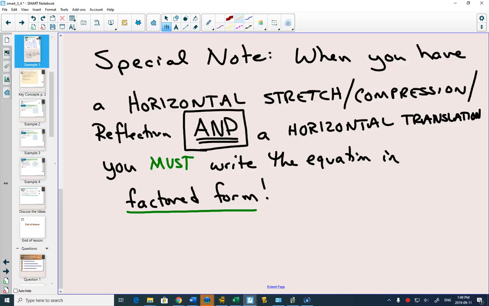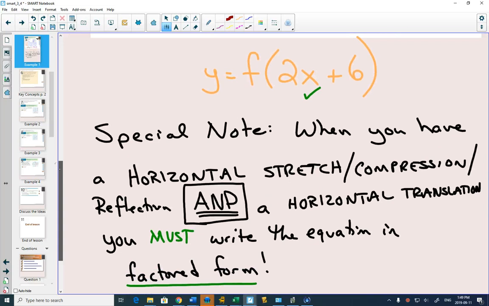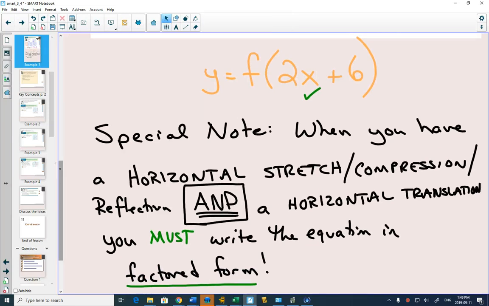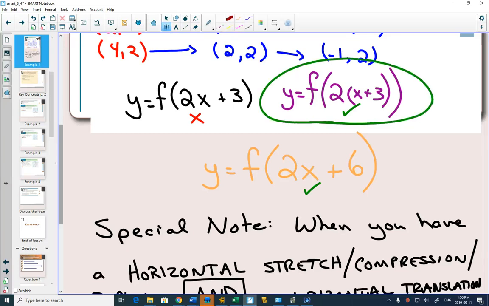What does that mean? I'll scroll up in a bit. I'll let you write that down first. What does that mean for this equation? Which is probably the best factored form? Of the two that are written, can you see that that 2 is factored out of the x plus 3?